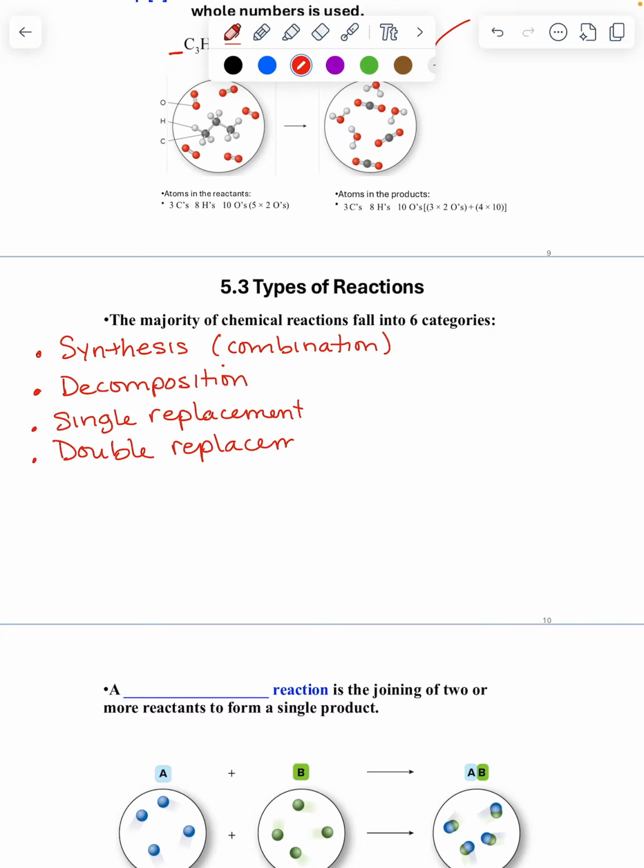Next we have oxidation reduction reactions. These are often called redox for short. And then lastly we have acid-base reactions.